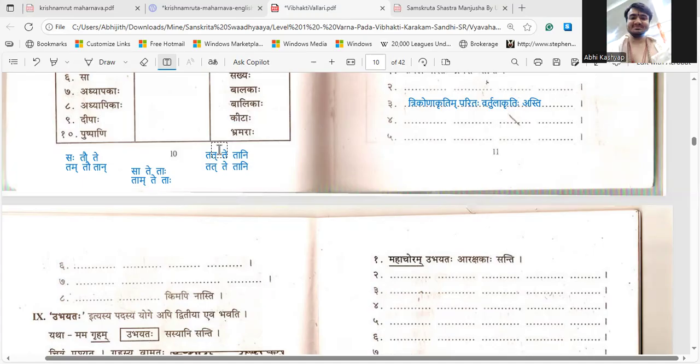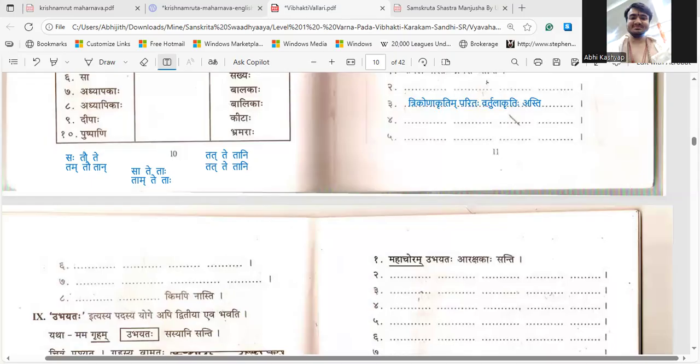In the same way, Dvitiya Vibhakti for all the Napumsakalinga forms will remain the same. So therefore, it is usually used for Napumsakalingas. That means inanimate objects, or where we cannot assign any kind of gender. So there we use for Dvitiya Vibhakti tat, te, tani only. This is Ekavachana, this is Dvivachana, this is Bahuvachana.